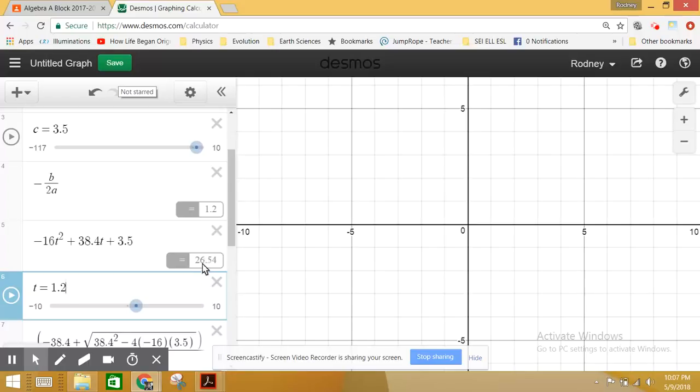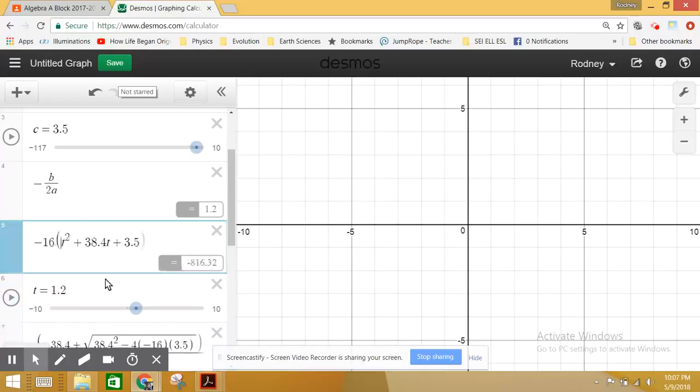And so it's going to be 26.54 feet here. Believe me on that, that's okay. We'll prove it. I'm going to replace t directly instead of using a sneaky slider. So t is now going to be 1.2.